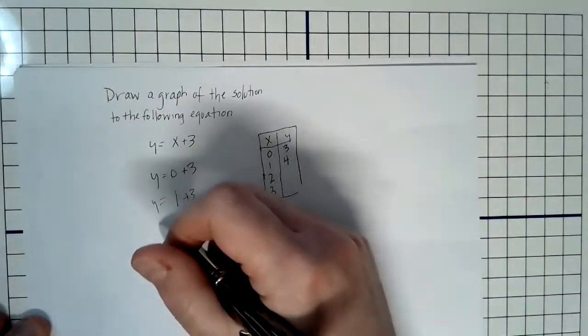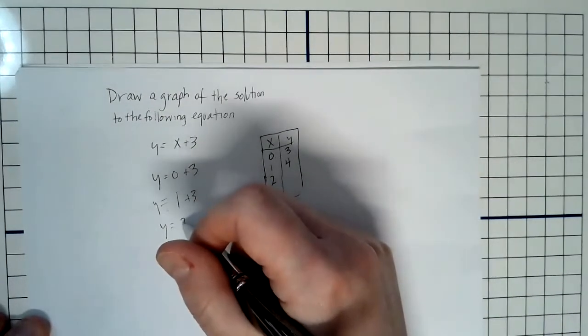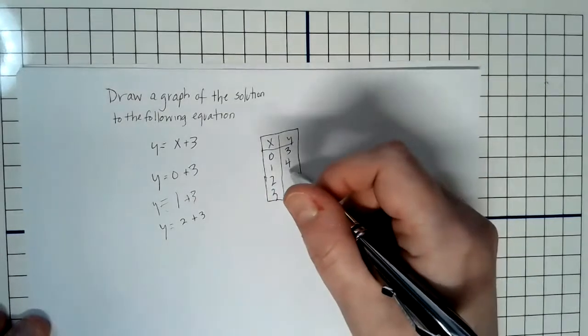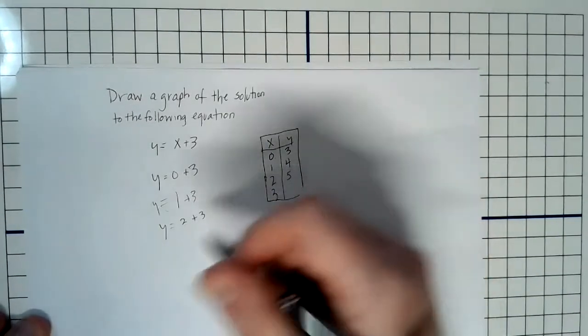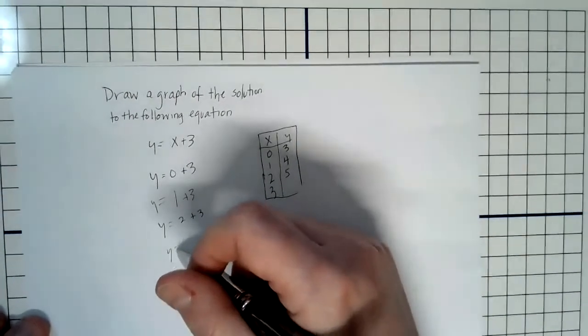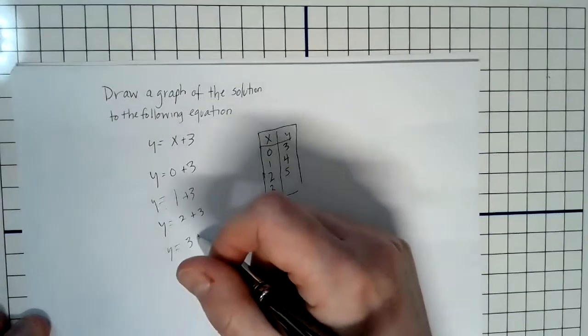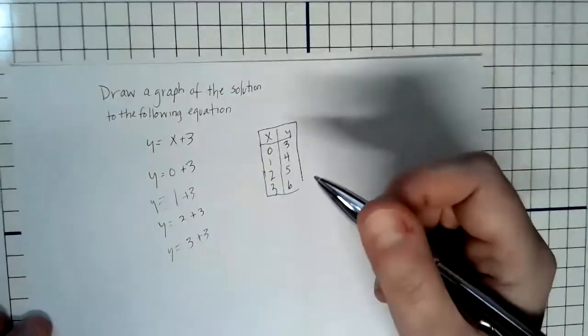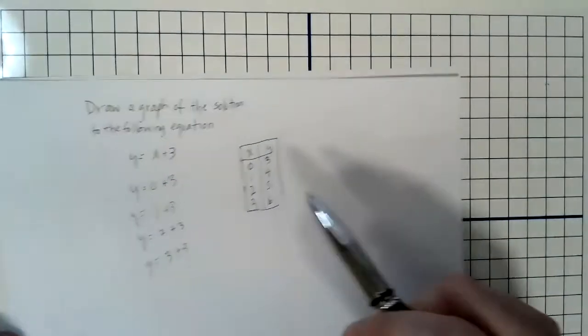Take that 2, let's substitute it. Y equals 2 plus 3. So here, y equals 5. And then last one, y equals 3 plus 3. So this is 6.